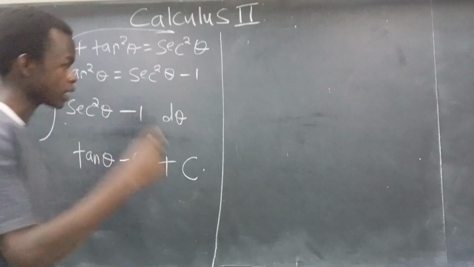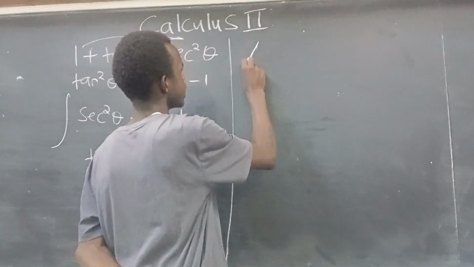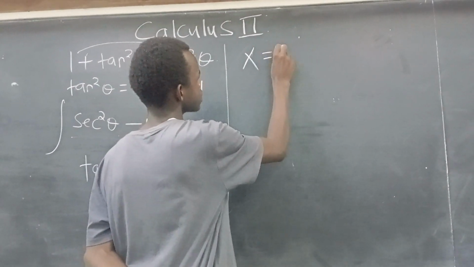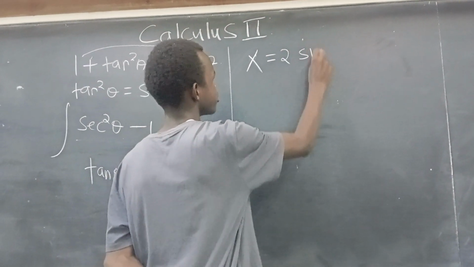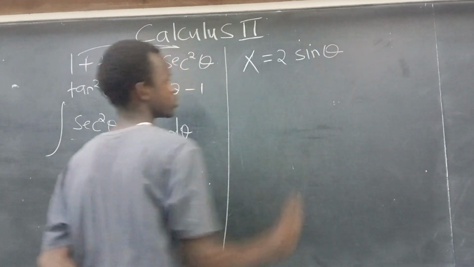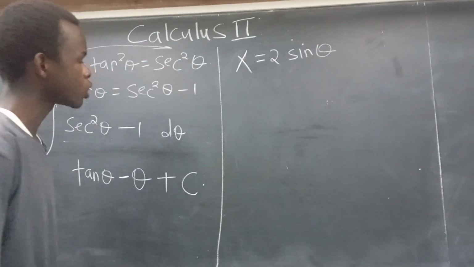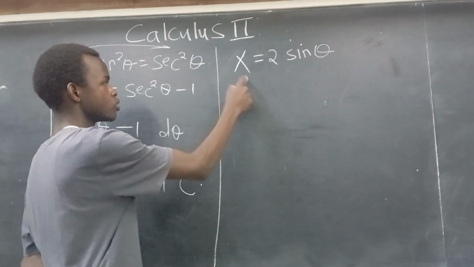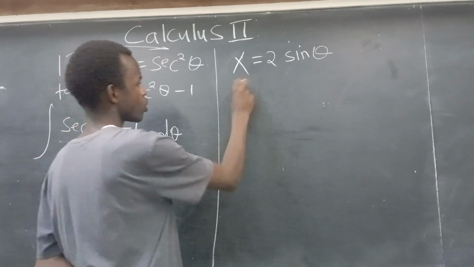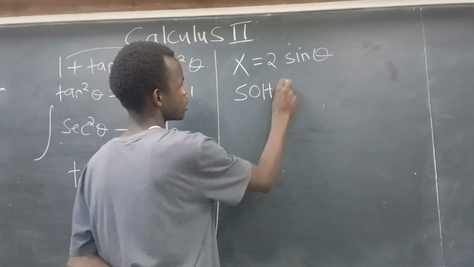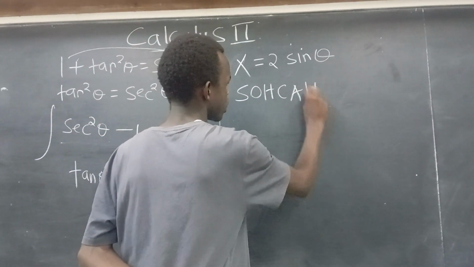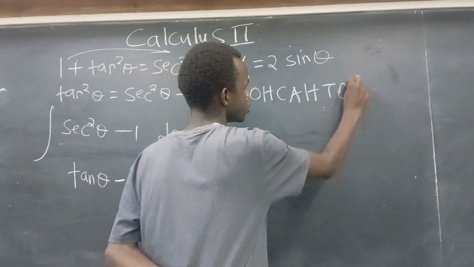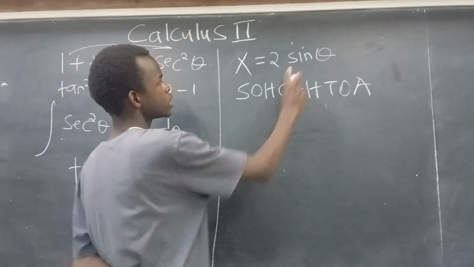So remember back in your mind, we said our x is the same as 2 sine of theta, right? This was our first conclusion. So from here, we'll have to draw a triangle using SOHCAHTOA. So what is sine of theta?